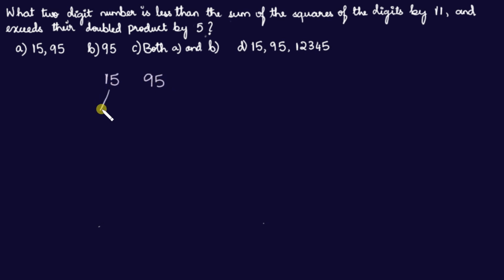So what is the sum of squares of the digits for 15? I need sum of squares of digits, which I'll write as SD, then the number itself, and 2 times the product of the digits, which I'll write as 2xy. For 15, the sum of squares of digits is 1 square plus 5 square, which is 1 plus 25, which is 26.